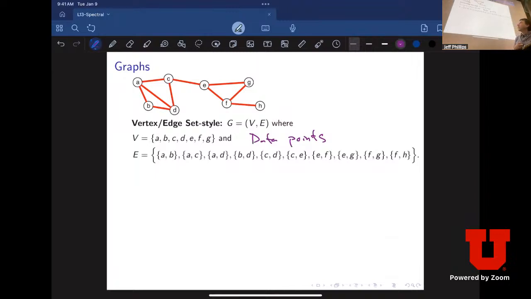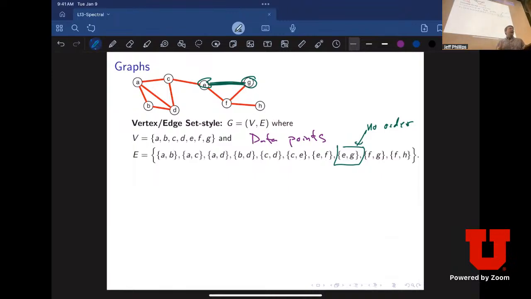There wasn't ordering, but also with the edges. In particular, when I look at a single edge, EG here, which represents the edge between vertices E and G, there's not an order. There's a version of graph that we'll talk about later in the semester where you'll have directed edges. We're not going to talk about directed edges today.